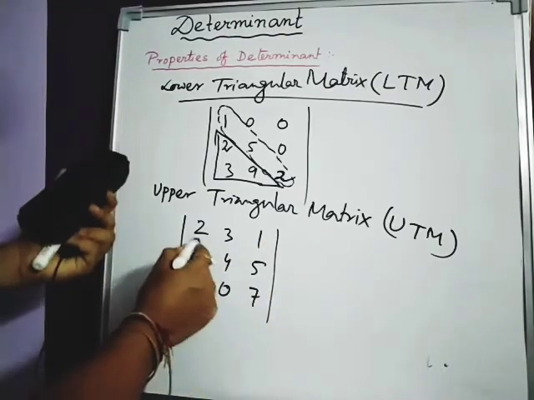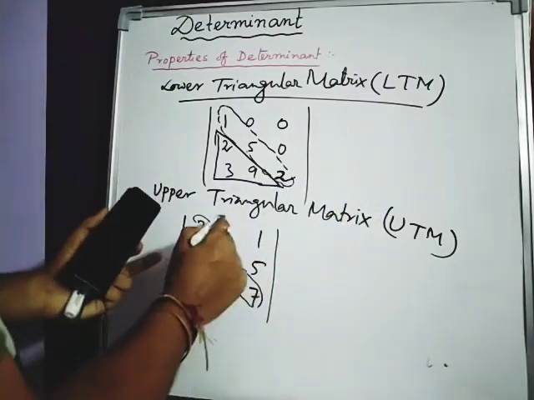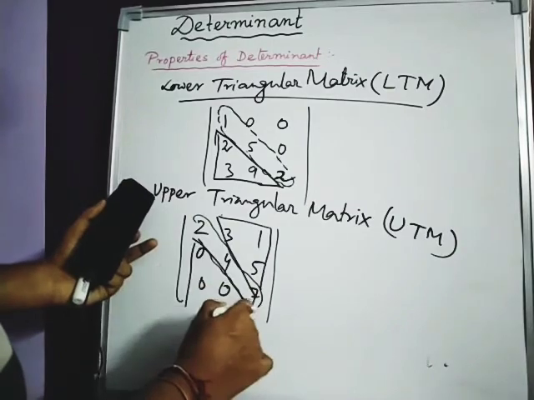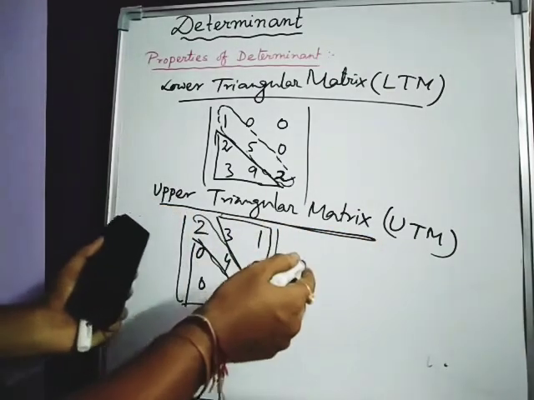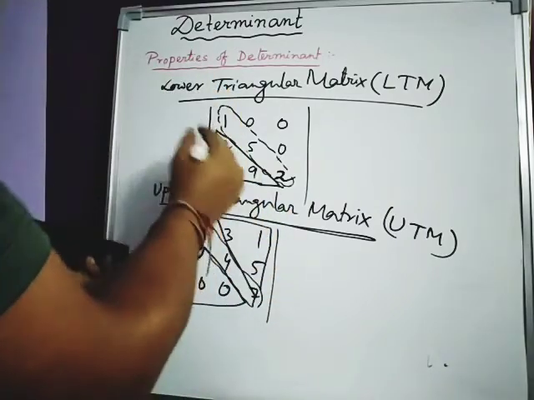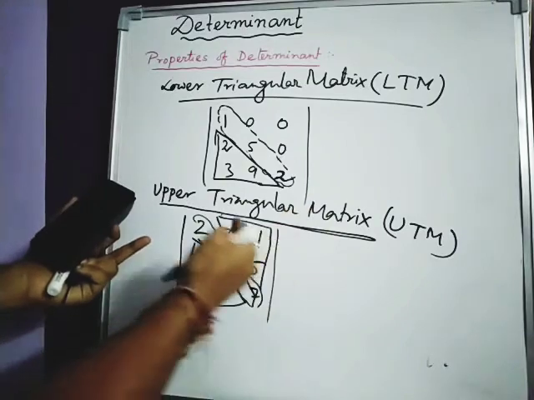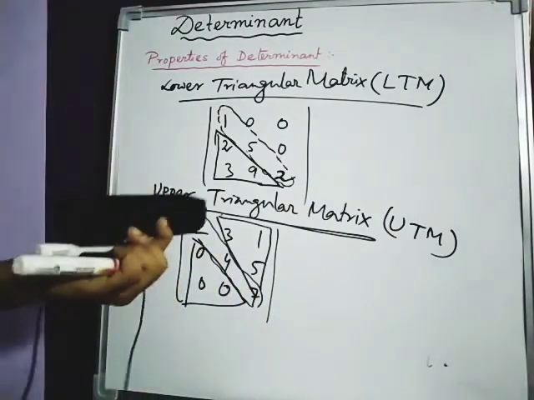This is the principal diagonal, and the upper portion is non-zero but the lower portion is 0. As the upper portion is valid, the name is upper triangular matrix. Is that clear? So lower triangular means the lower portion is valid and the upper portion is 0. Upper triangular means the upper portion is non-zero, and the lower portion is 0.